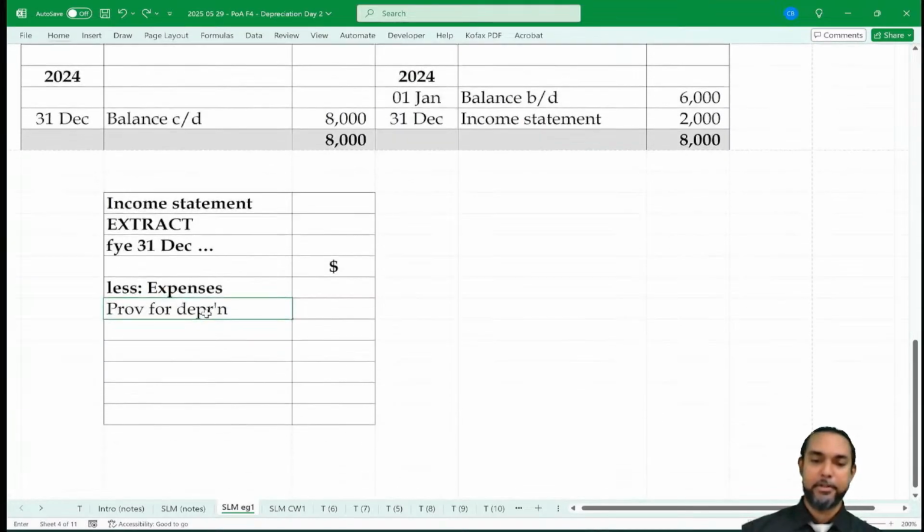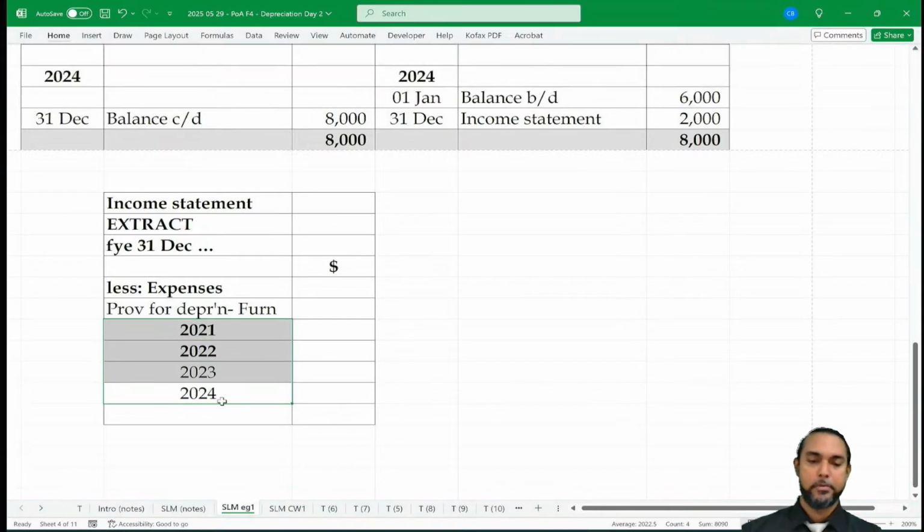The furniture, right? If you guys can fit it in one line, then please do. I clearly can't. Right, so we have 4 years, right? Right, and the amount is the same 2,000.